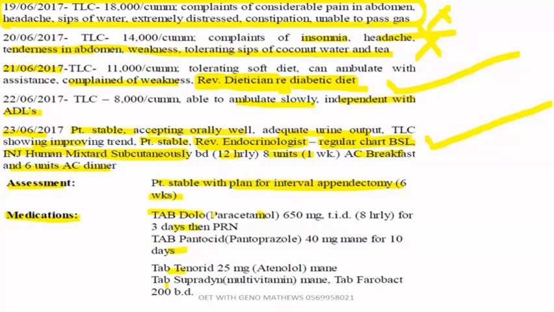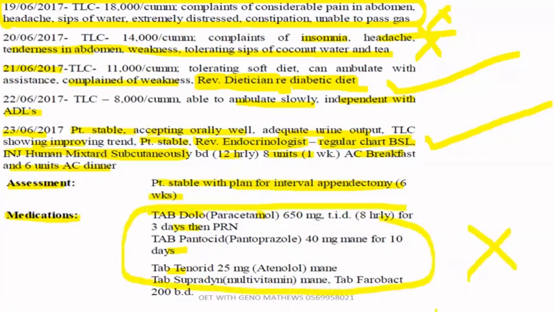Even that is not important, because we don't have anything to do with medication compliance. So we will keep this also a big cross. All right. Interval appendectomy is something that we have to tell somewhere, because she has been scheduled for that.